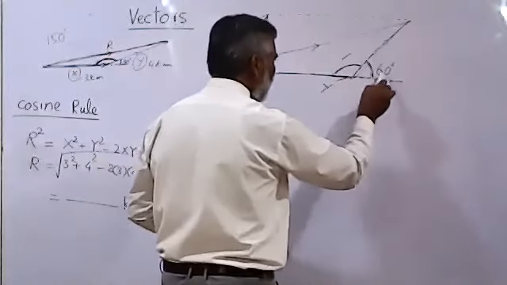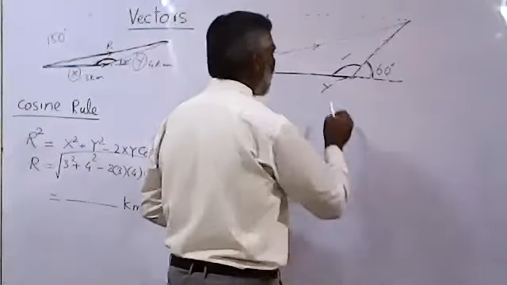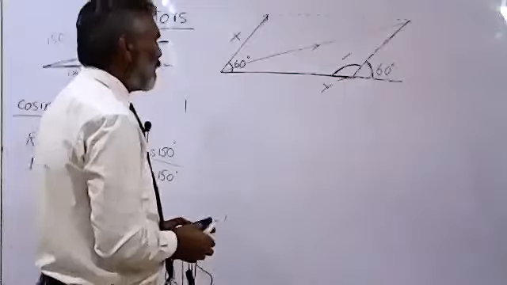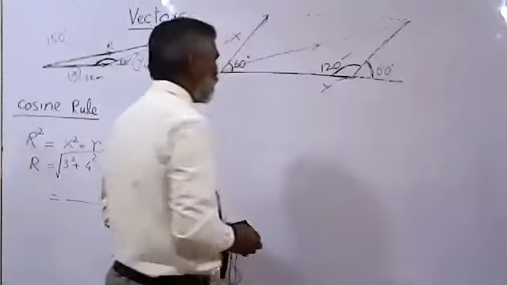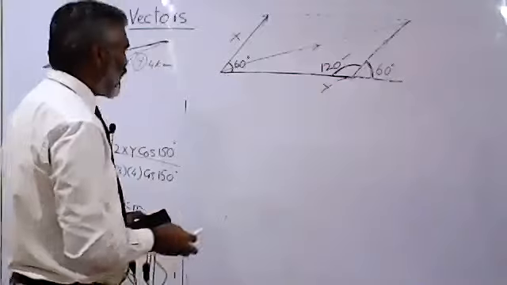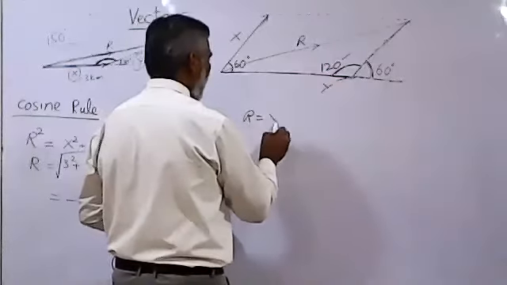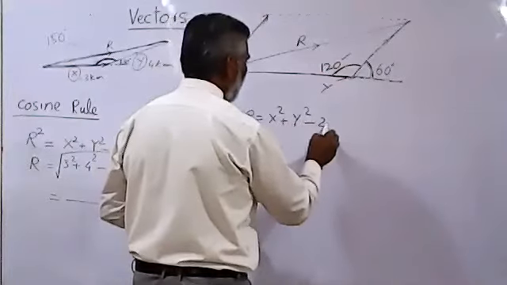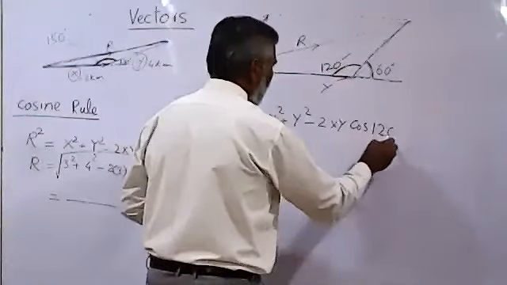Once I know this is 60°, this angle is 180 minus 60, so 120°. So once again, r is equal to the square root of x squared plus y squared minus 2xy cos of 120°.